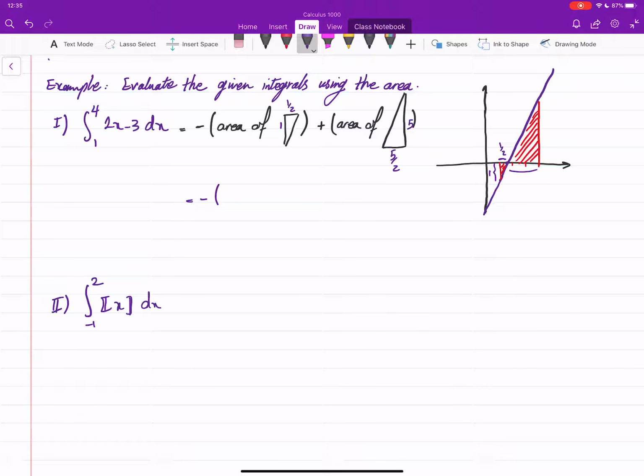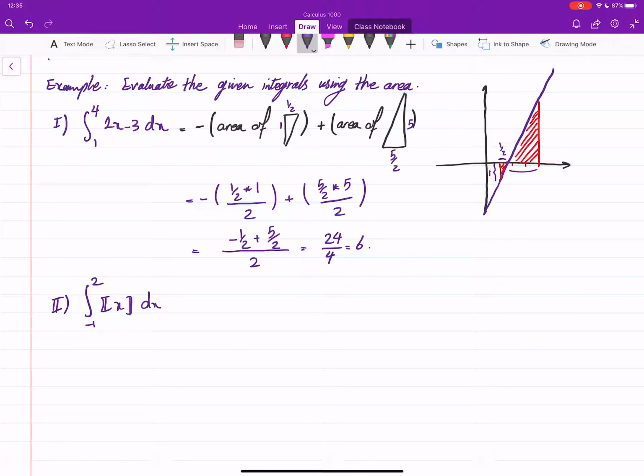The area of a triangle is base times height over 2. And here it's 5 over 2 times 5 over 2. As you see, we have 2 here. This is negative half. That is 5 over 2. And that gives us 24 over 4, which is 6.